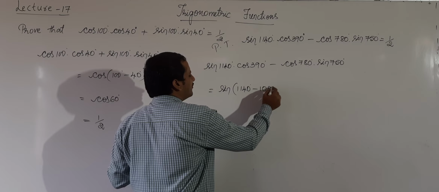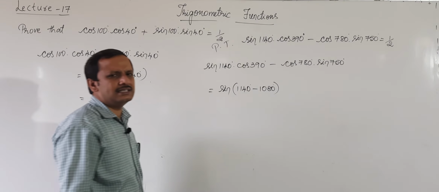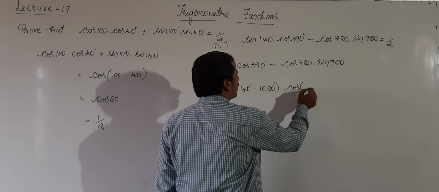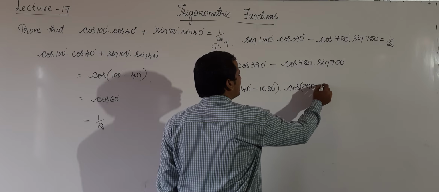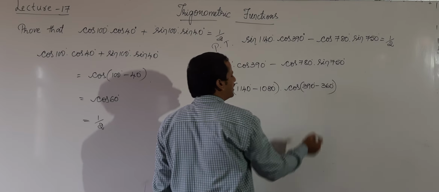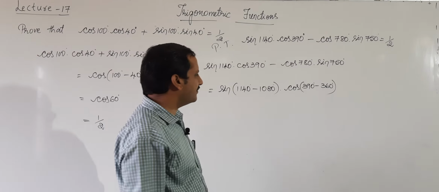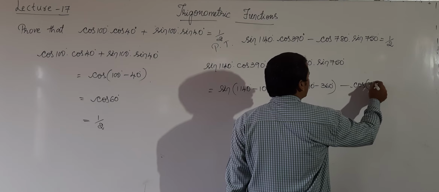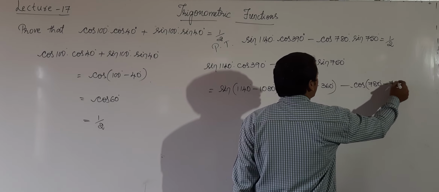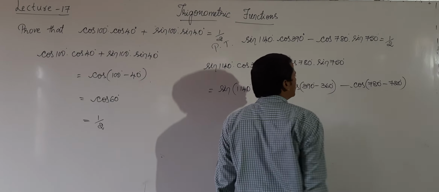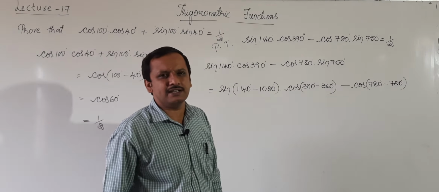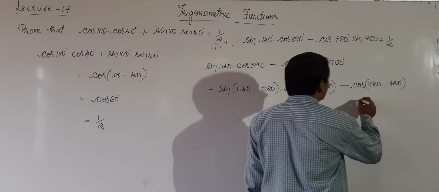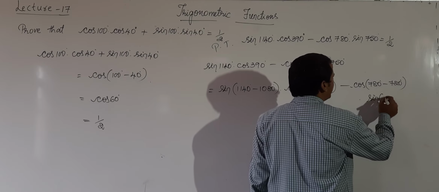So, I will subtract 1080 degree, which is 360 into 3, into cos of 390 degree minus 360 degree, minus cos 780 degree. There I will subtract 720 degree from it, again a multiple of 360 degree, into sin 750 degree.